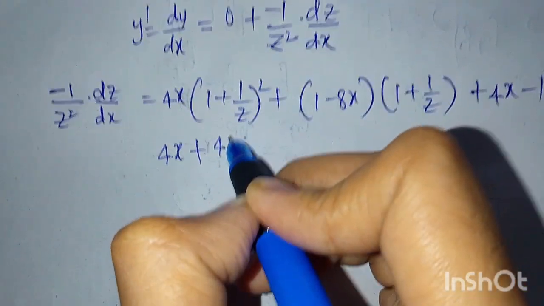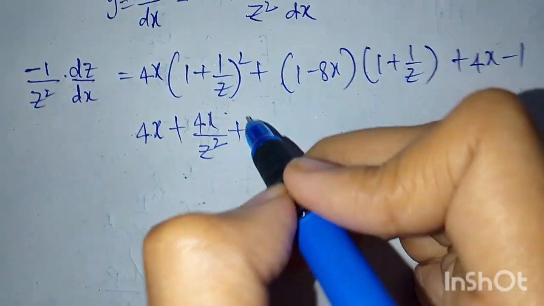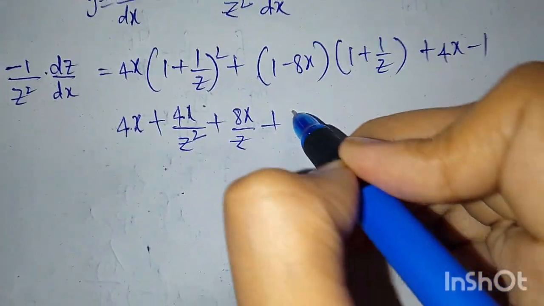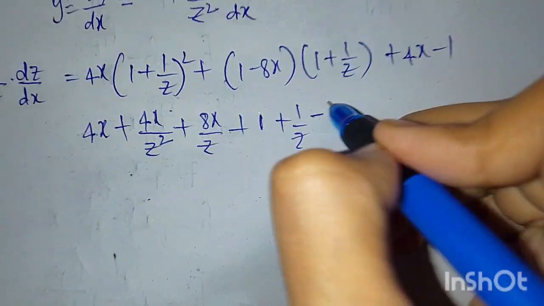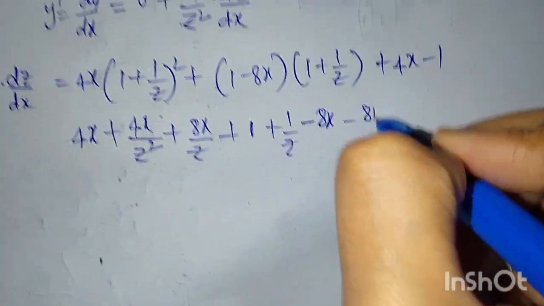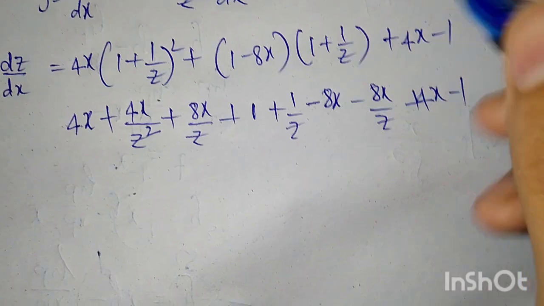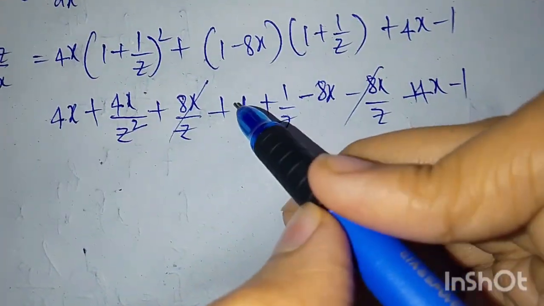So 8x by z plus 1 plus 1 by z minus 8x by z plus 4x minus 1. So see, this gets cancelled, and plus 1 minus 1 gets cancelled. 4x minus 8x, so this also gets cancelled.